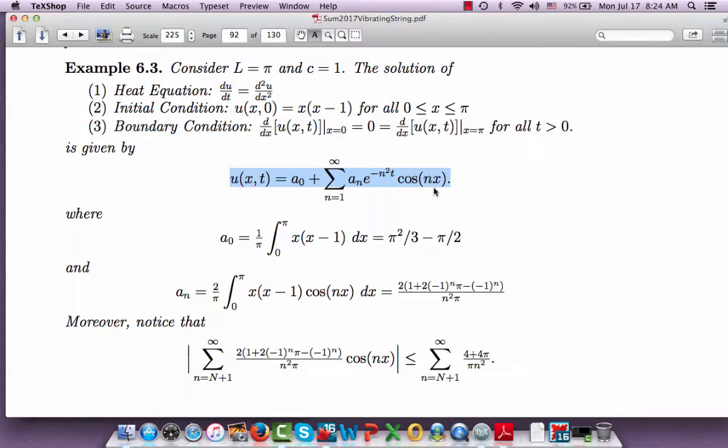The only problem that introduces is it forces us to plug in t equals 0 and get a Fourier series of a 2 pi periodic function in this case, which has to be equal to our initial temperature distribution restricted to the interval from 0 to pi. So just like we did with the vibrating string, where we needed an odd extension to make the boundary conditions match up, we used a sine series.